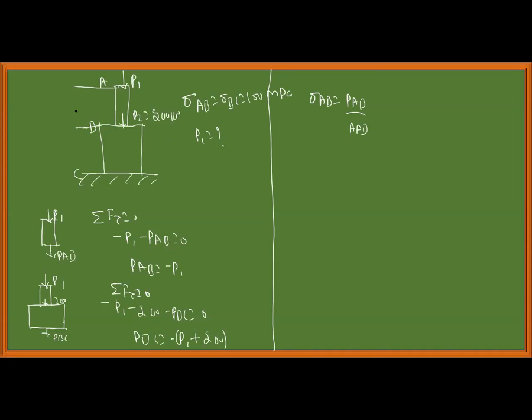This length is 80 mm. This length is 120 mm. The area of cross section A1 is 1500 mm square, A2 is 2600 mm square.